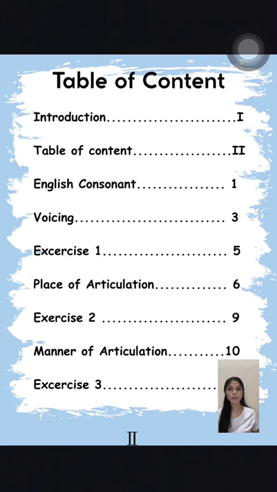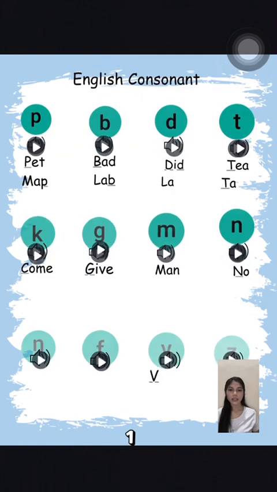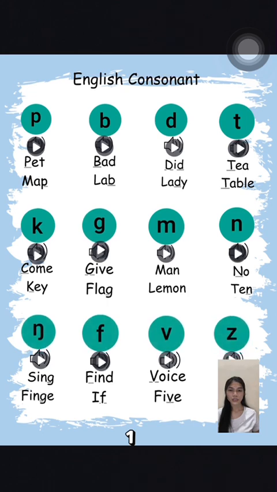First, this book explains English consonant sounds such as b, s, sh, z, and the others. Students are introduced to how to read and pronounce these sounds correctly.